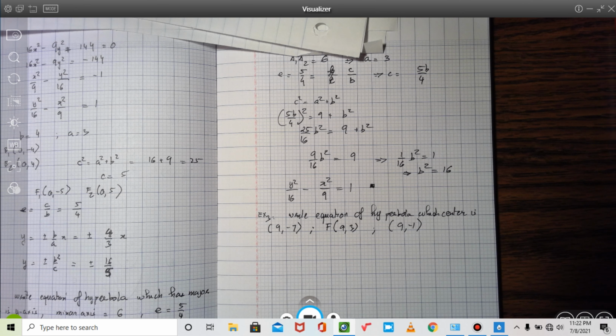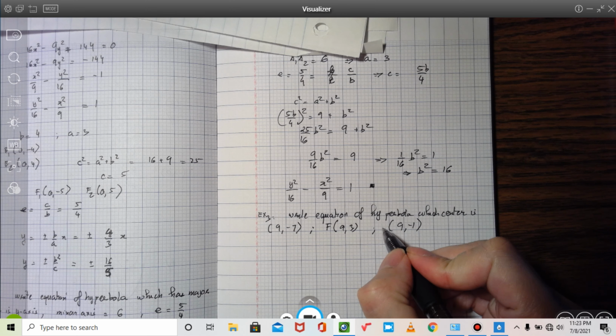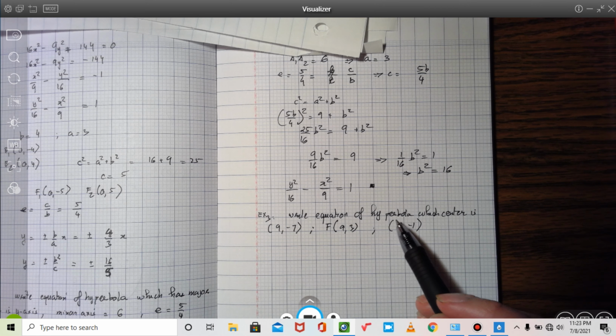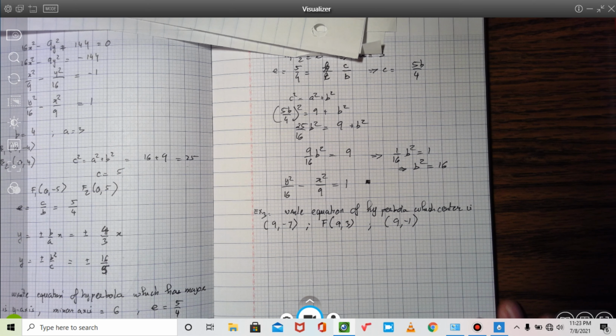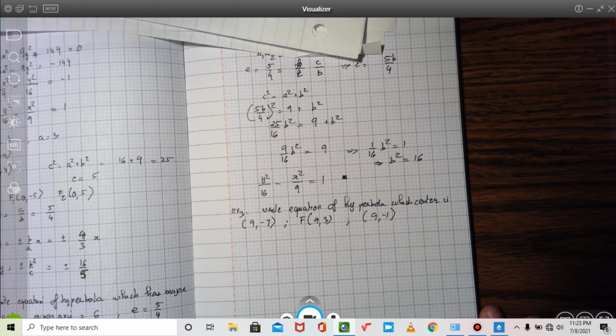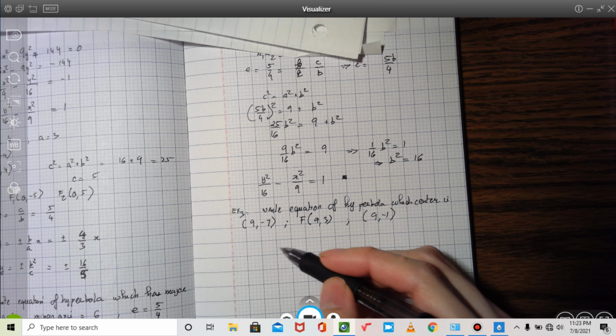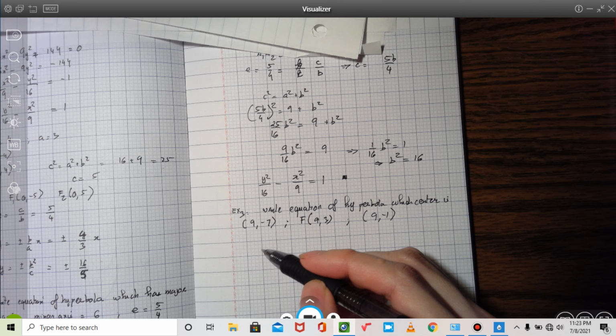So this is the vertex. We don't know if this is vertical or horizontal, so we need to determine whether this is vertical or horizontal first. The center is (9, -7), so let's draw it.